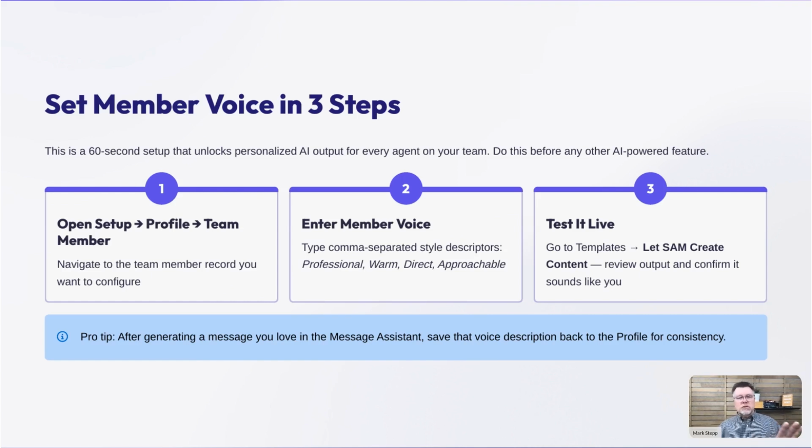So just recap: go into your profile, go into your team, into your member voice, and then definitely go in there and test it. You can go into your templates, let Sam create some content, and then see what does it actually look like? Does it sound like you?